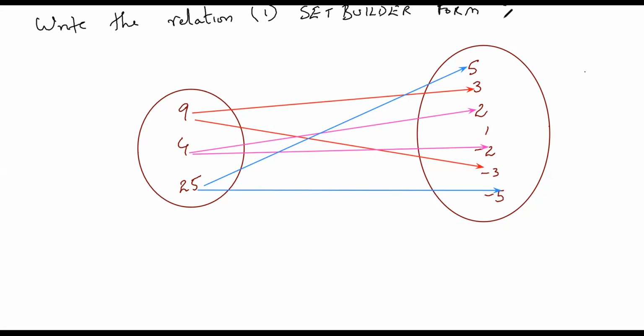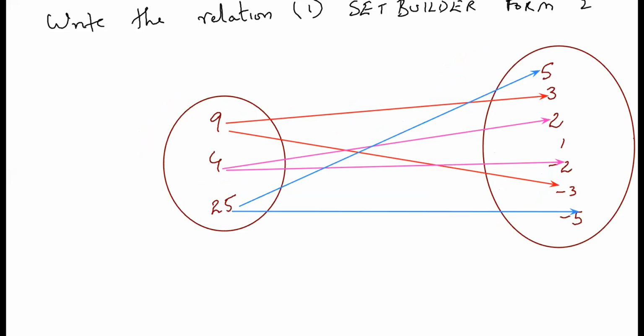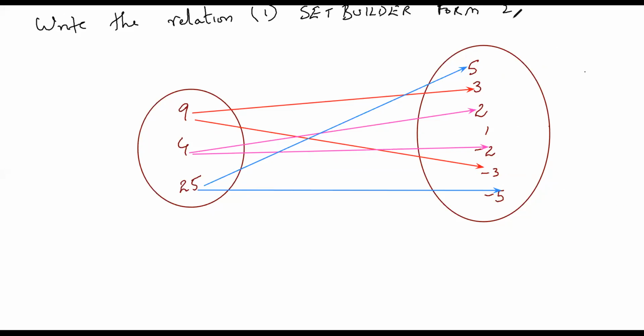Next one is roster form. Set builder form and roster form, sets question. Then domain and range. The last question is domain and range.